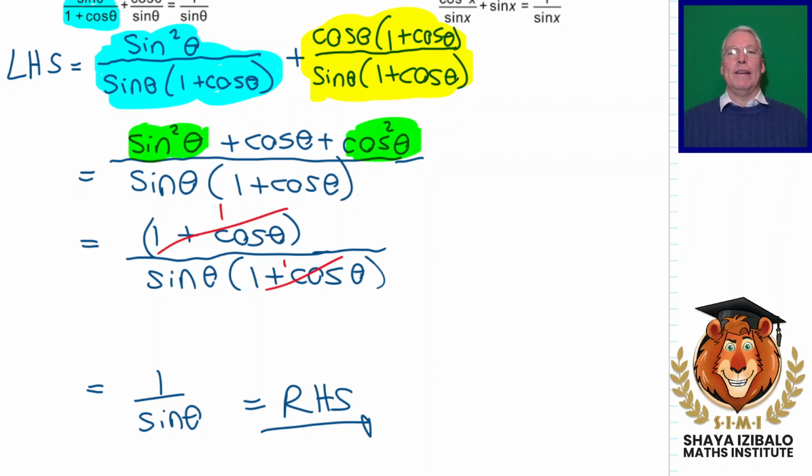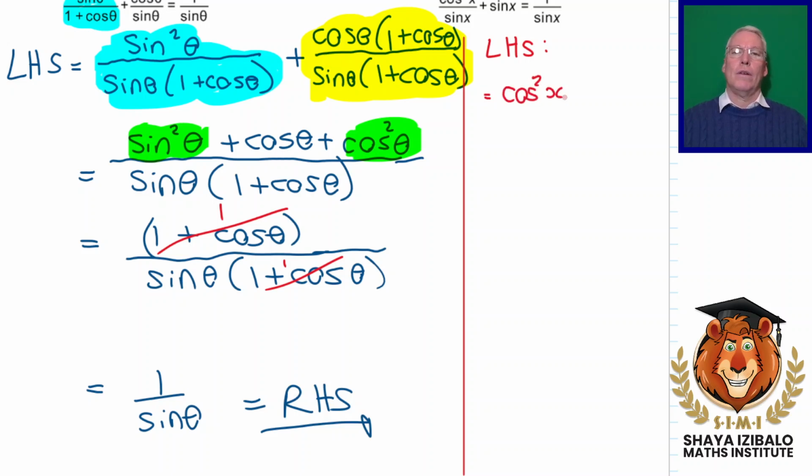Okay, we haven't left ourselves a lot of space to do the last one, but let's see how you went with that. So, the left-hand side, and again, let's add these two fractions. You might say they're not both fractions, but the left-hand side is actually equal to cos squared x over sine x.